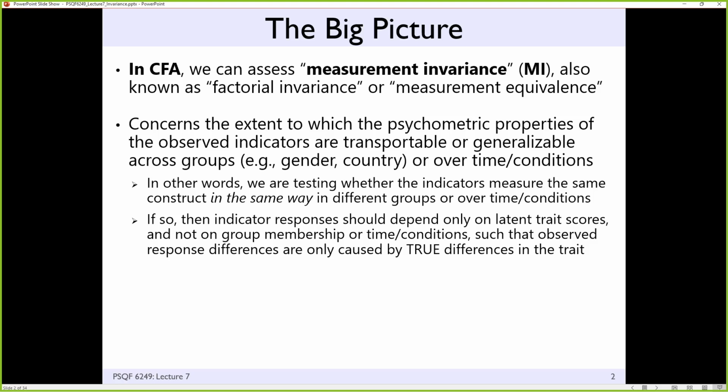Not necessarily whether there are differences in the trait or not, but the focus is on how well the items work across different samples, occasions, conditions, etc. The extent to which the psychometric properties are transportable or generalizable. All of those words. Are the indicators working the same way across multiple groups or across time or conditions?